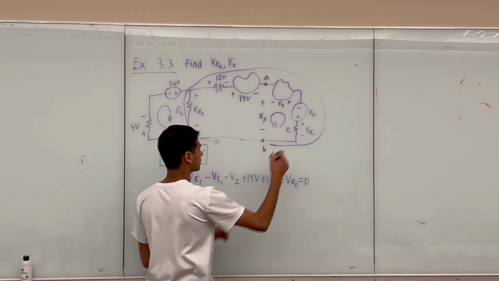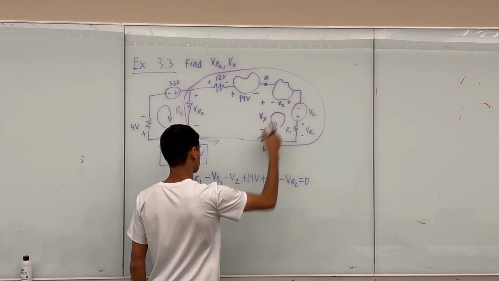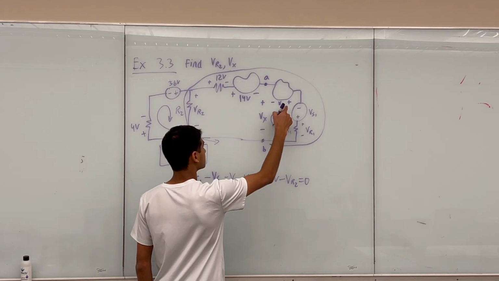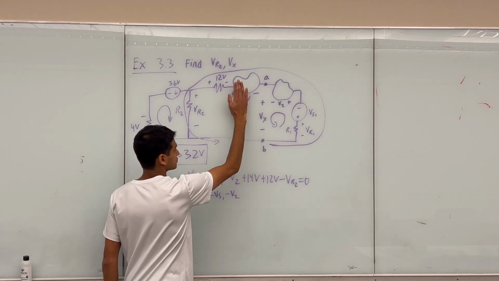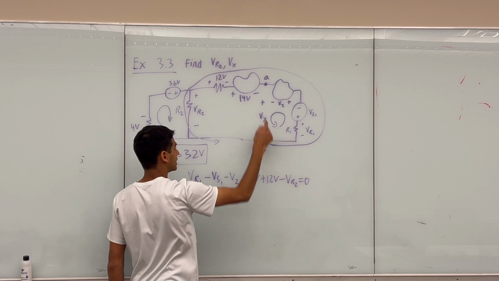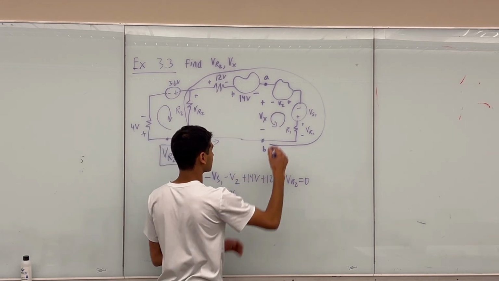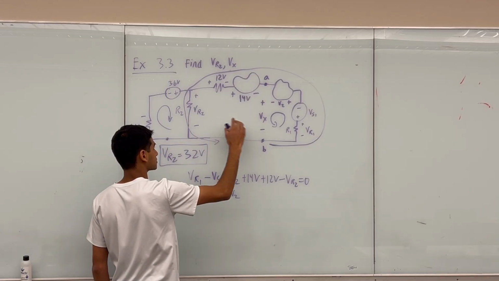So if I were to write a loop here, it would be going up VR1, dropping VS1, dropping V2, and since this loop just involves this part, I'm actually dropping Vx from A to B. And since I'm starting at B and ending at B, I can just ignore this side of the circuit.